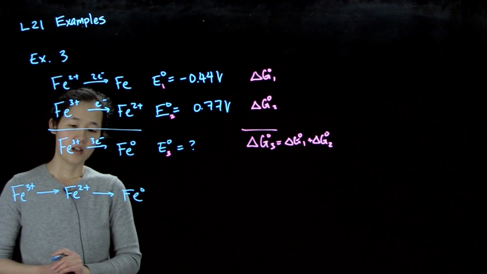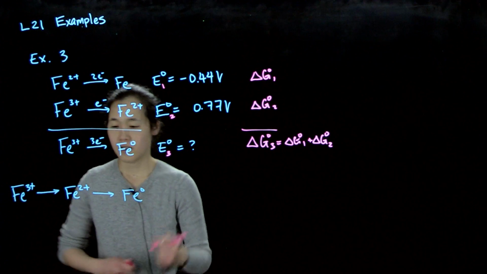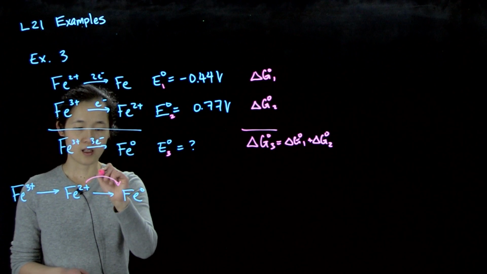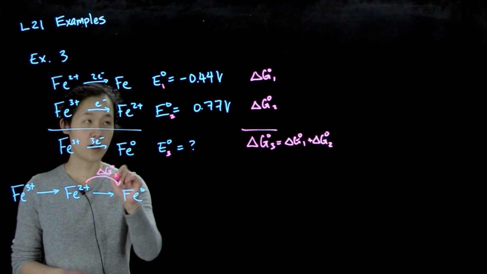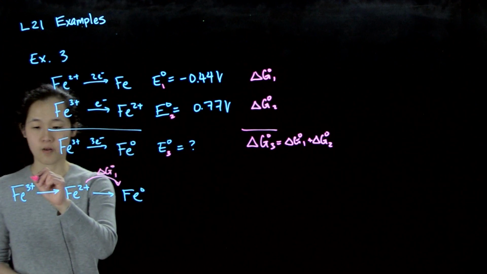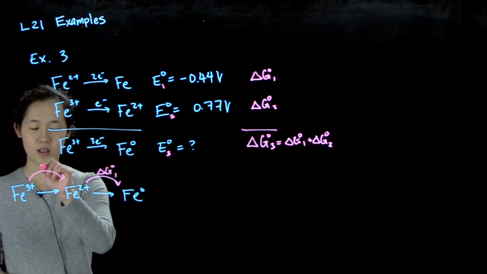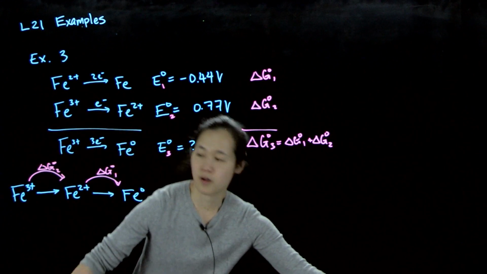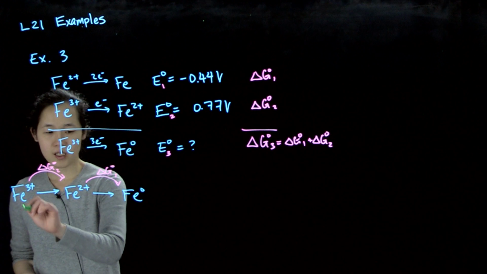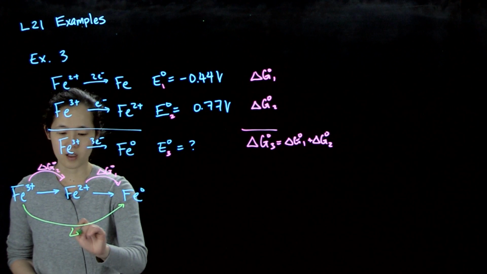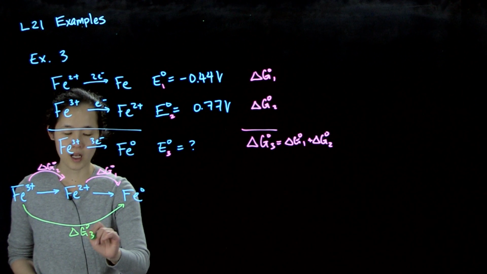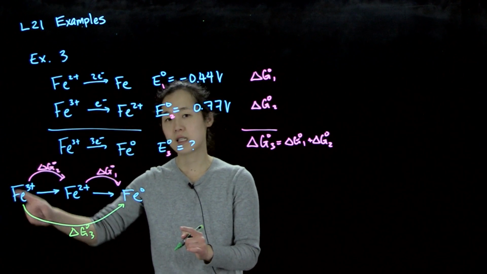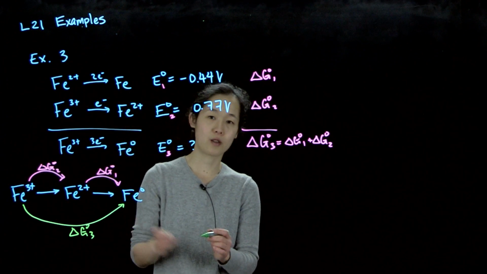This free energy going from here to here is delta G not 1, as I've written up here. This over here is delta G not 2. And then going from just here to here is delta G not 3. So that's why we should be able to sum up delta G not 1 and delta G not 2 to then get to this pathway as well.